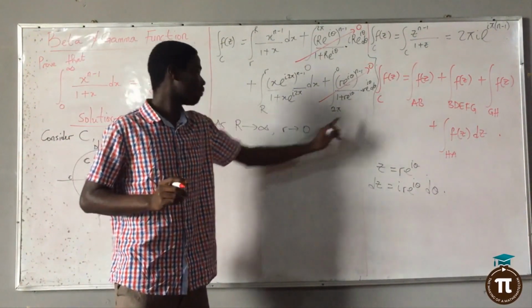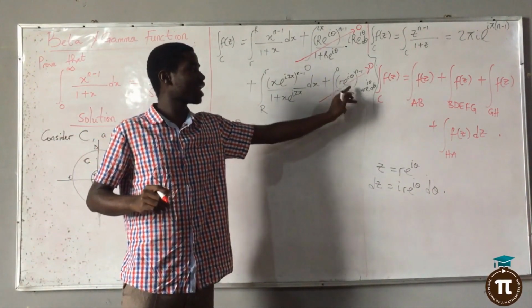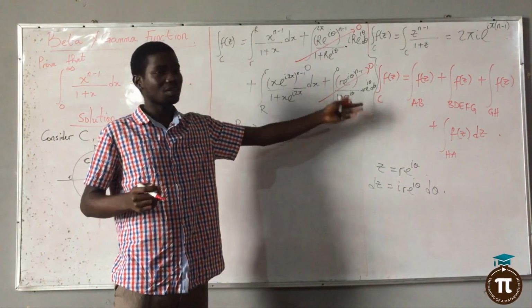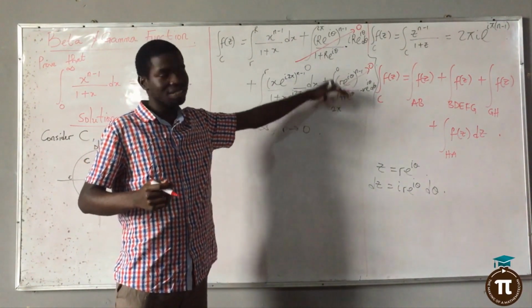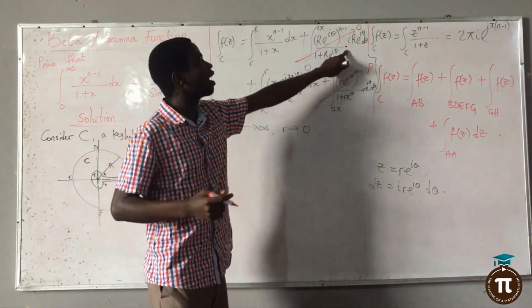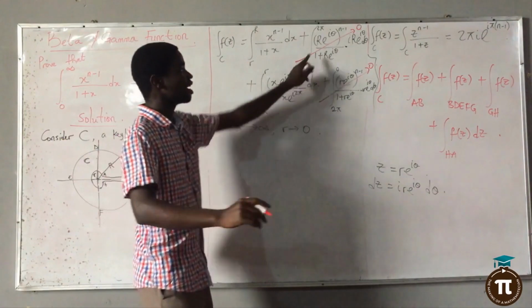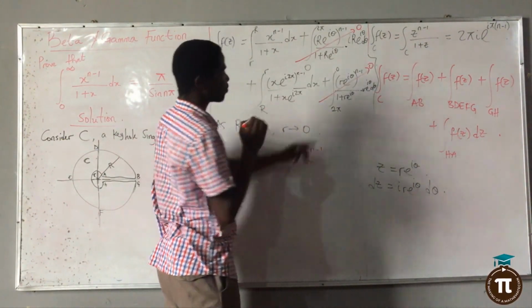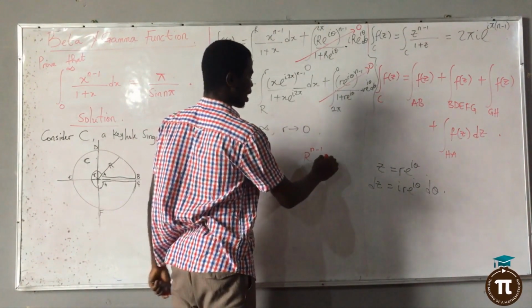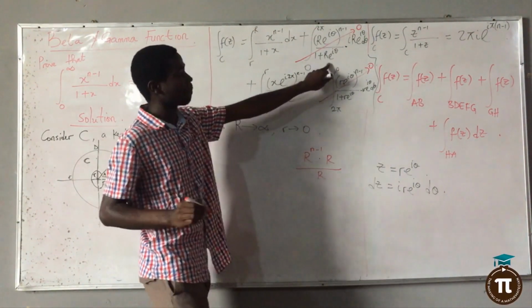This one is quite obvious because as r goes to 0, by the time you put r to be 0 here, 0 divided by 1 will give me 0. The definite integral of 0 is 0. Now in this case, look at R. This is R raised to the power of n minus 1 multiplied by another R all over just R here.